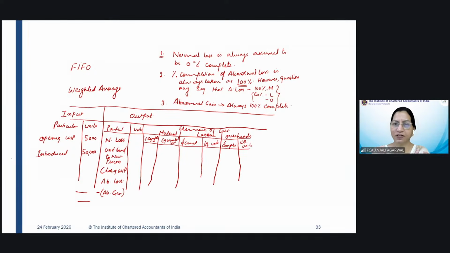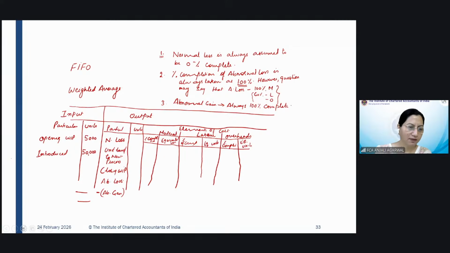But if it is mentioned, then you have to use those percentages for various elements. Repeating once again, even if these percentages are given, normal loss is always 0% complete. So normal loss 0%, abnormal loss 100% if nothing is given. But if some figures are given, use them. And abnormal gain is always 100% complete.